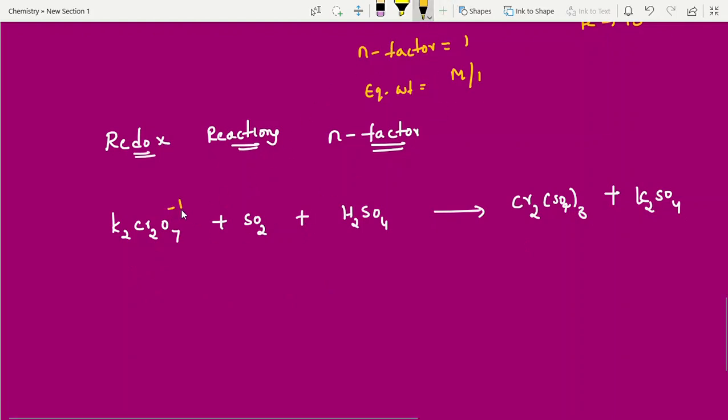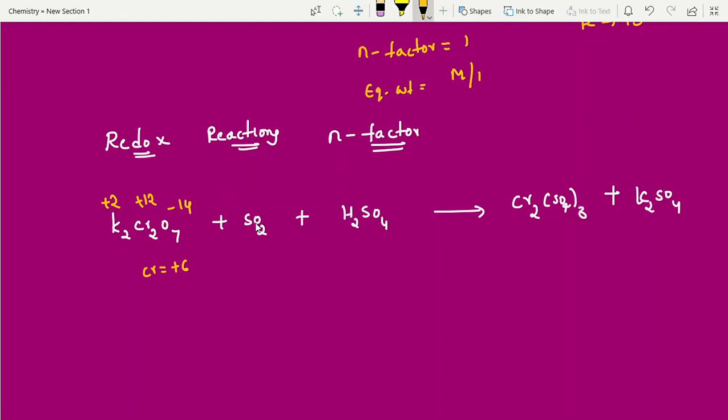This is -14, this is +2, this is +12. Each chromium equals +6. Chromium in acidic medium, you know already. If you know that one, you can directly write the answer. I explained this at the start. So chromium in acidic medium, what is the n factor? Already you know, right? Check it once again.